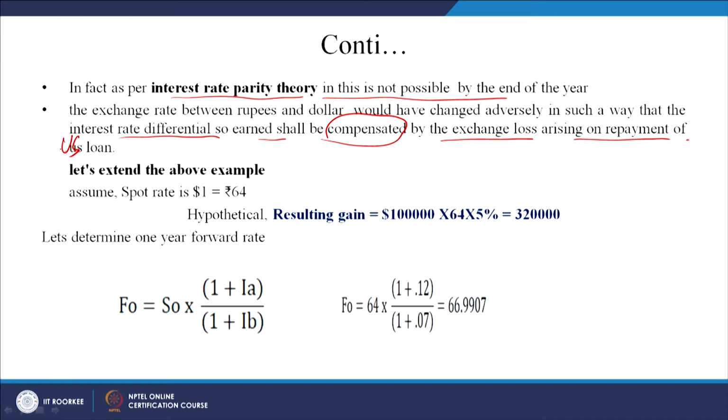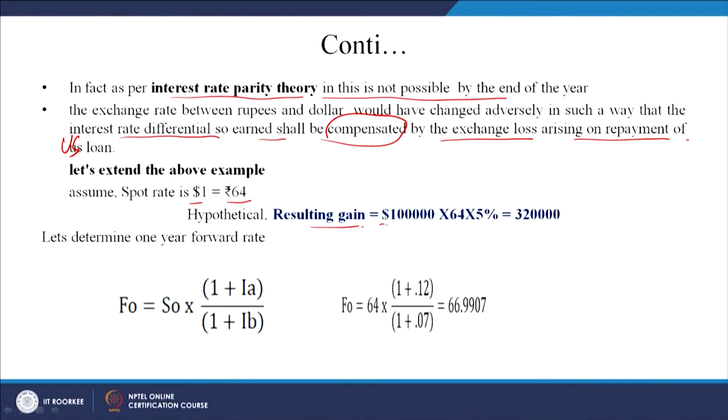He had taken the loan from the US market at 7%. So, let us extend the above example. Assume the spot rate is 64 rupees equal to $1.